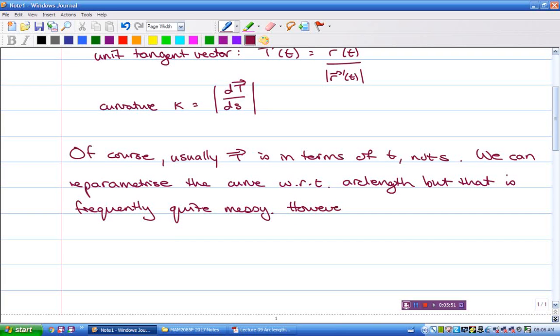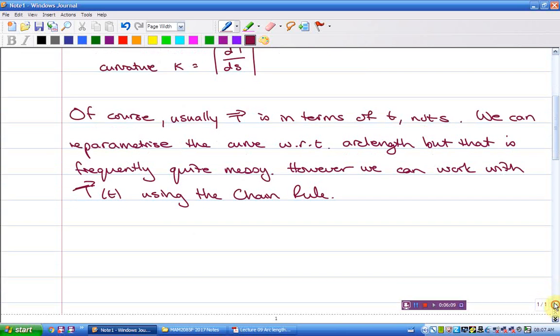However, we can work with T as a function of the parameter t using the chain rule. Okay, so that's the chain rule.